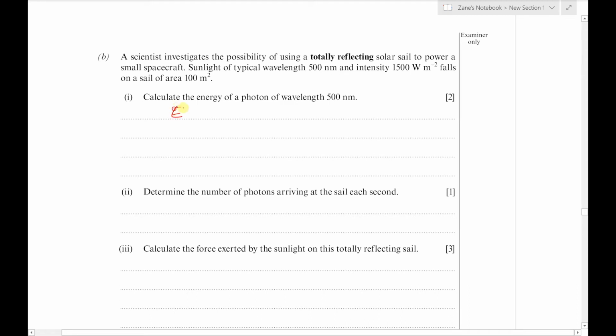The first part of the question is to calculate the energy of the photon, and here we can use hc over lambda, remembering that h and c are in the data book, and lambda here is 500 nanometers. So h is 6.63 times 10 to the minus 34, c is 3 times 10 to the 8, and wavelength is 500 nanometers.